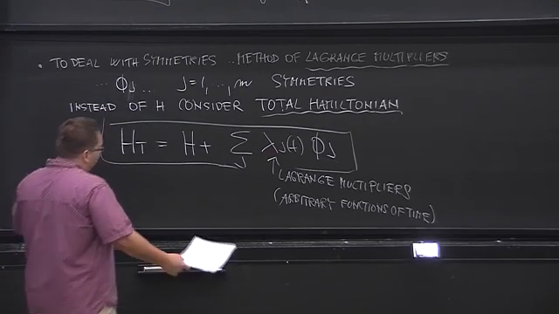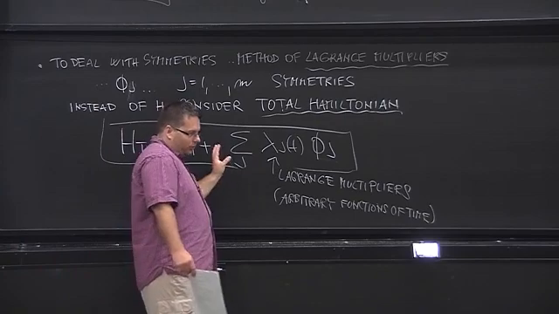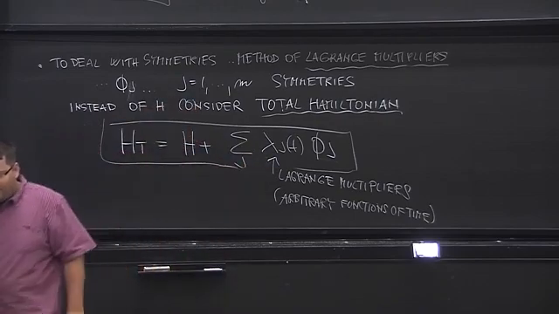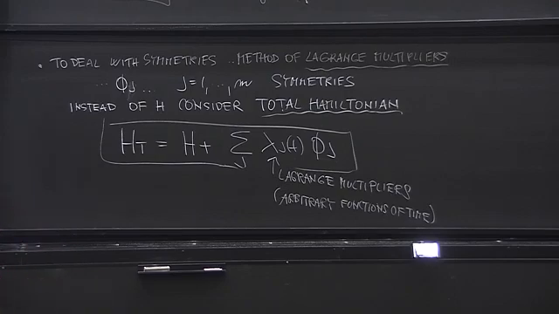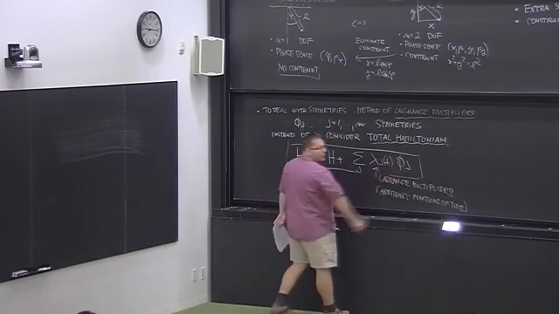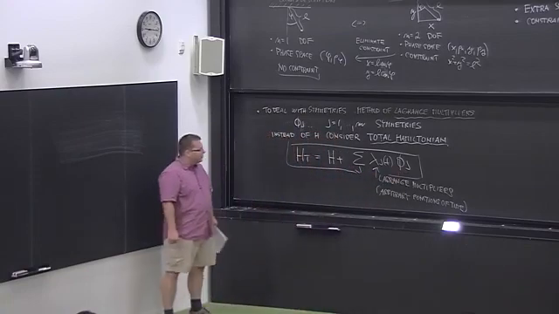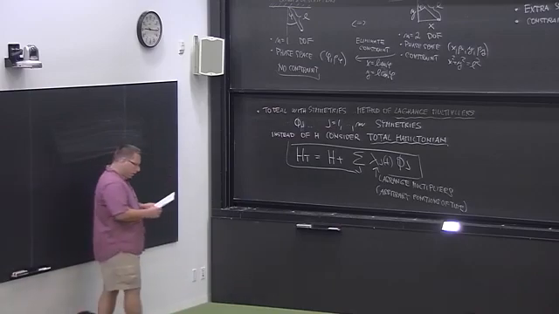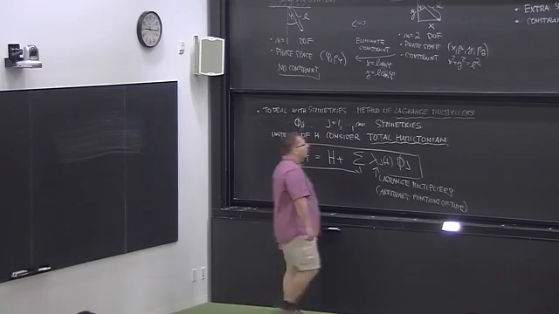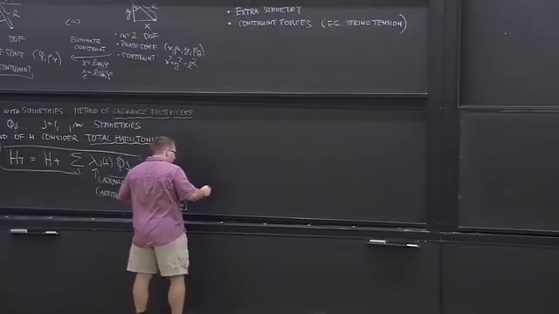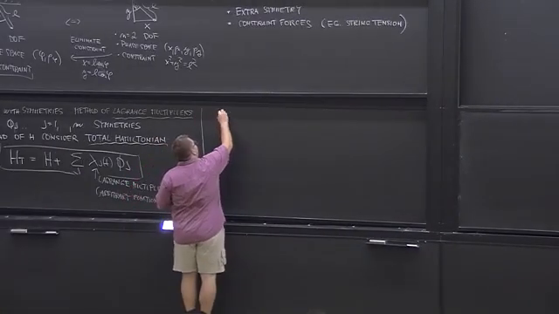Then I vary the action with respect to the old coordinates q, but also with respect to these new lambdas. And then you get lots of Euler-Lagrange equations, some of which will be precisely the constraints. So you can derive your constraints as Euler-Lagrange equations or Hamilton canonical equations. Here I am doing the Hamiltonian description to confuse you. Now I will switch to the Lagrangian description. So we have two possibilities.